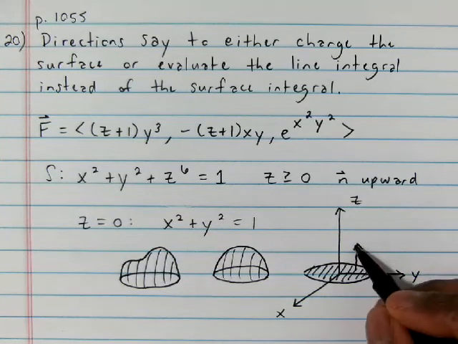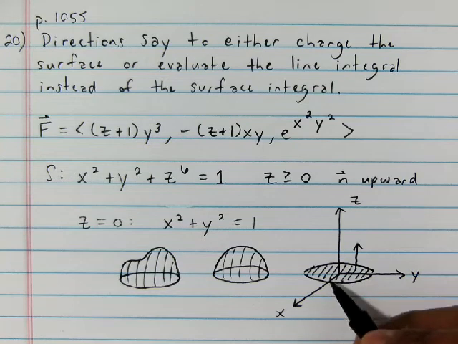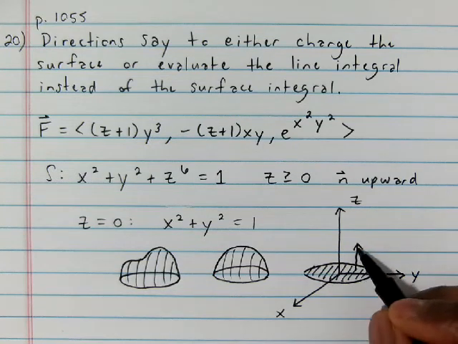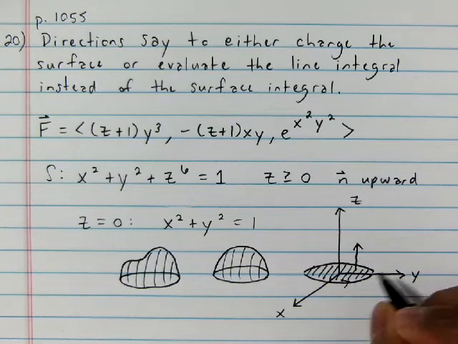Now, that upward orientation of the normal vector: if I were to put my little stick figure on this curve, the surface needs to remain to the stick figure's left as he or she walks around the curve, with the stick figure's head pointing in the direction of the normal vector. That would say the stick figure would need to walk in this direction.